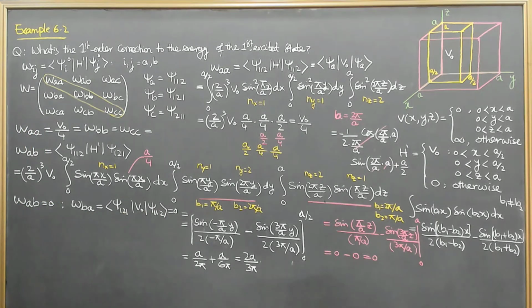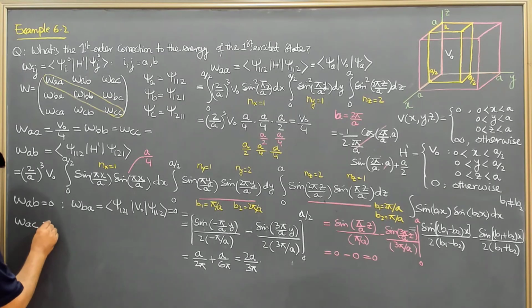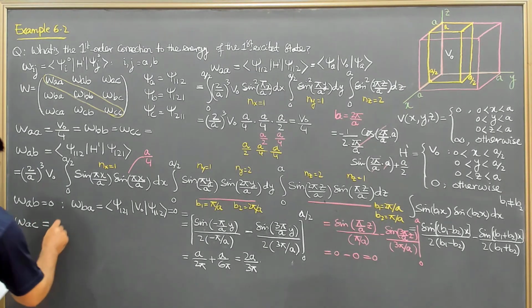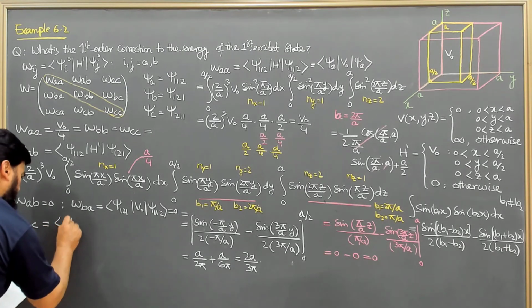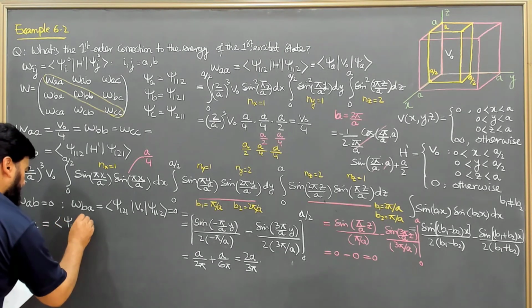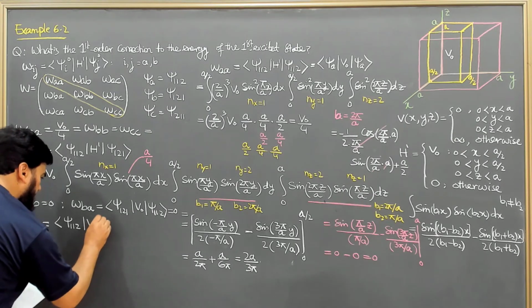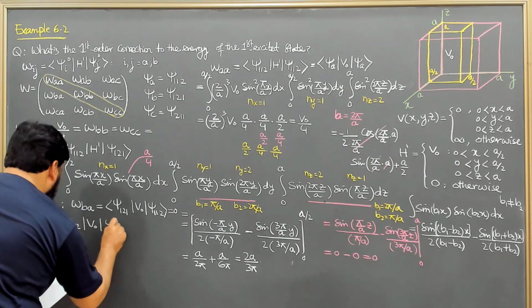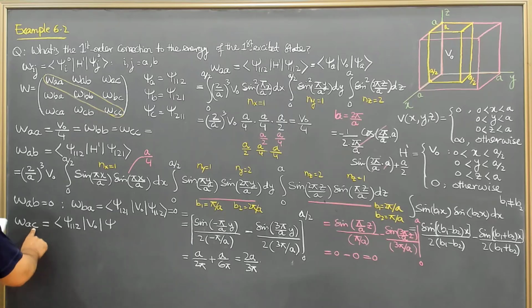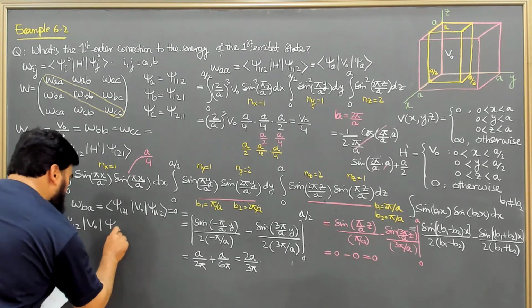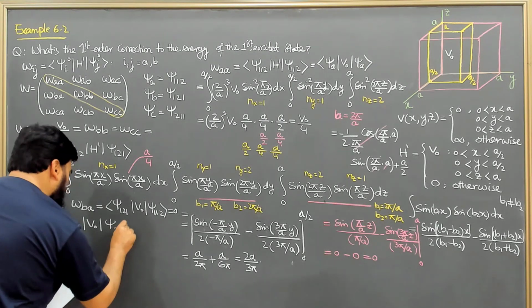Then we are left with WAC. Now WAC, what this will be equal to is, here is A, so it is psi 1, 1, 2, and then V naught, and then psi C. So psi C is basically 2, 1, 1.